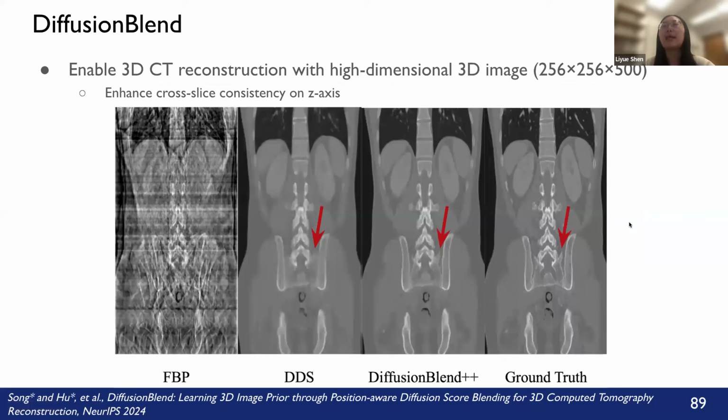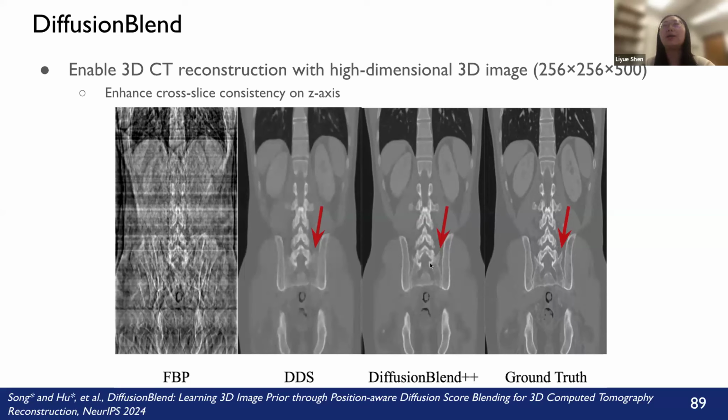Using this kind of method, we can achieve pretty good coherence across the different slices. As shown in this example, in the previous state of the art, when people use total variation as a regularization to constrain the cross-slice coherence only at sampling time, it may not maintain all the detailed information, especially across different slices.